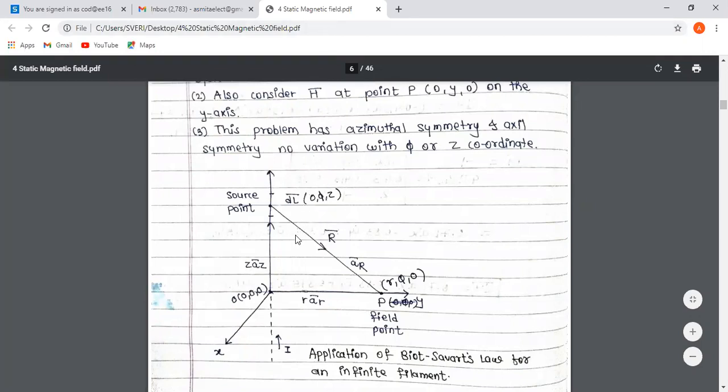Why is phi present? Because I just told you, at every point on this z-axis this phi angle is present. Phi is present, and z is also present because this filament is placed on the z-axis itself. Therefore it will be the distance from the origin to dl, and that is nothing but z.